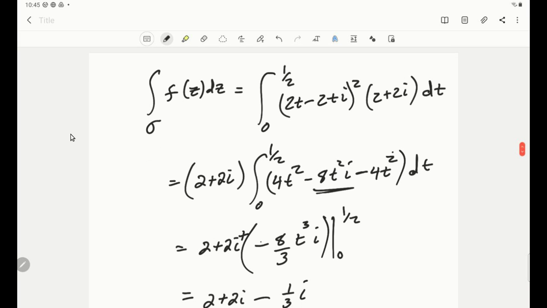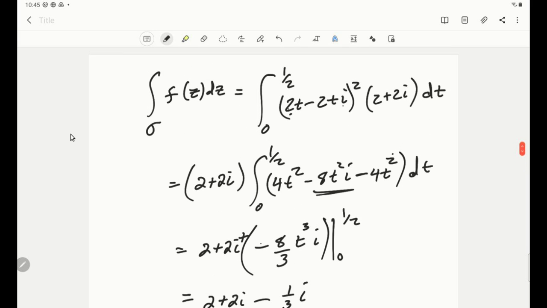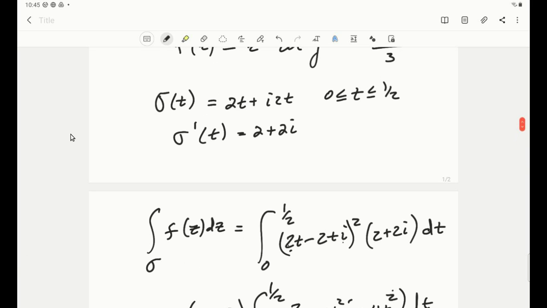Okay. You get the 4 there, and it is a minus, and you get the 8, right? Because you get 4t squared, but 2 of those, so minus 8t squared I. Yeah, that looks good. And I factored out the 2 plus 2i.